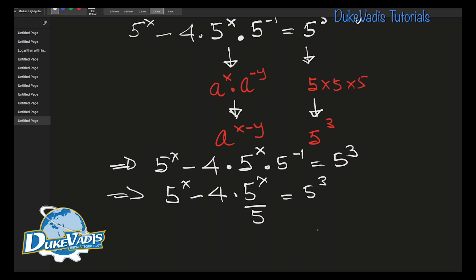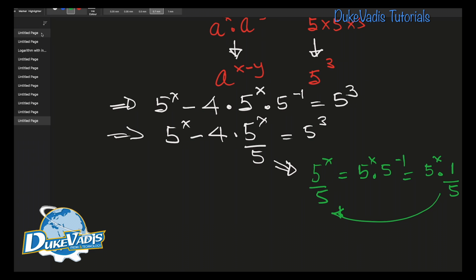Why am I saying that? Because this can be written in this way, 5 raised to the power x over 5. It is the same as 5 to the x dot 5 neg 1, because this is the same as 5 to the x dot 1 over 5.